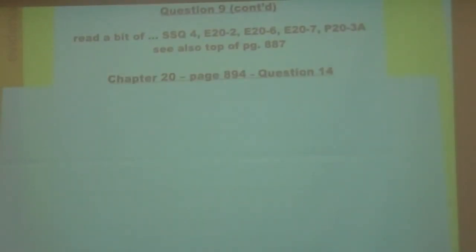Turn with me to question 14 on page 894. Page 894, question 14 says, what are the relationships involved in computing a predetermined overhead rate? We've talked about it today already.